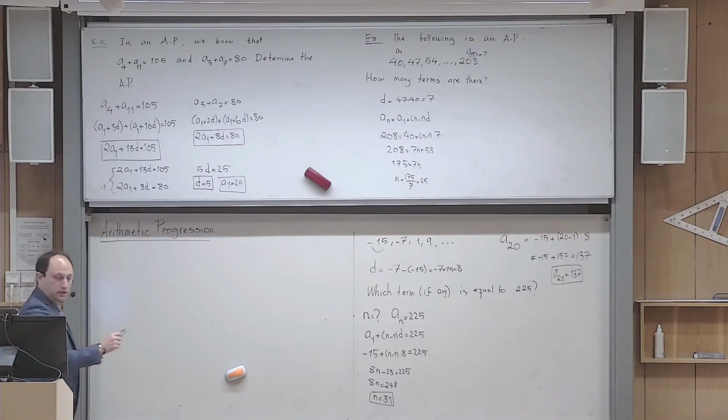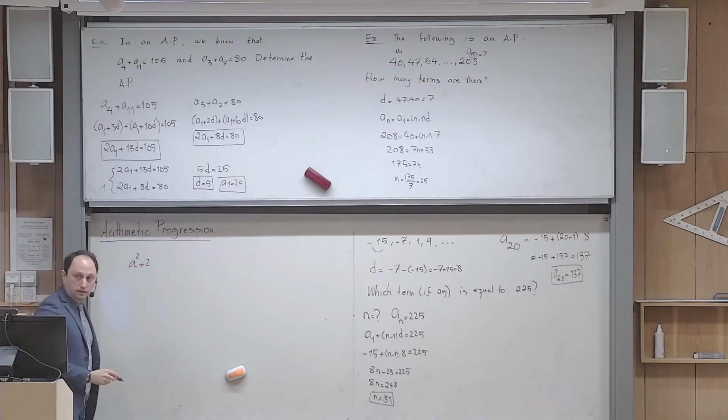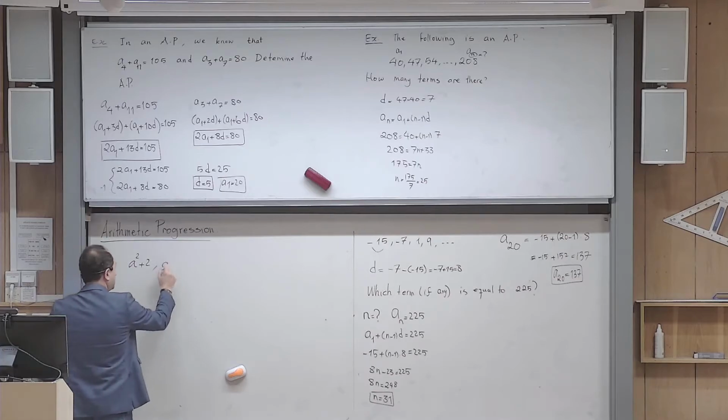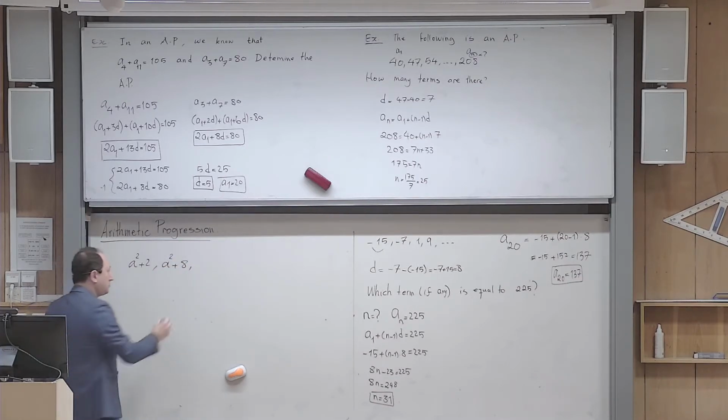So I write three terms here, a squared plus 2, and then a squared plus 8, and then 12a minus 6.